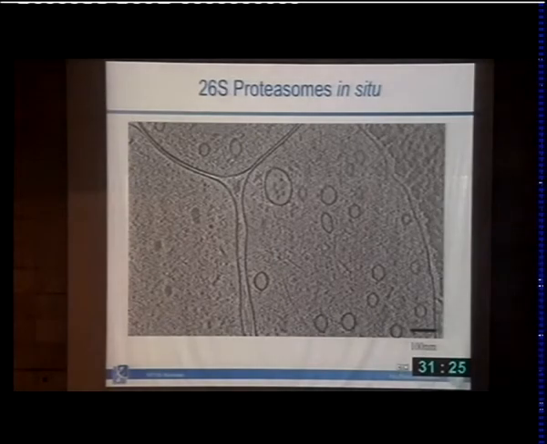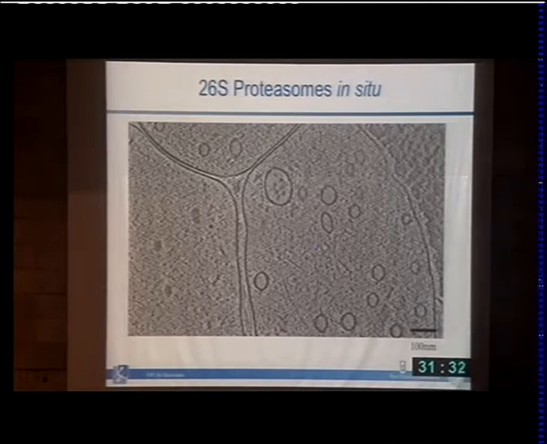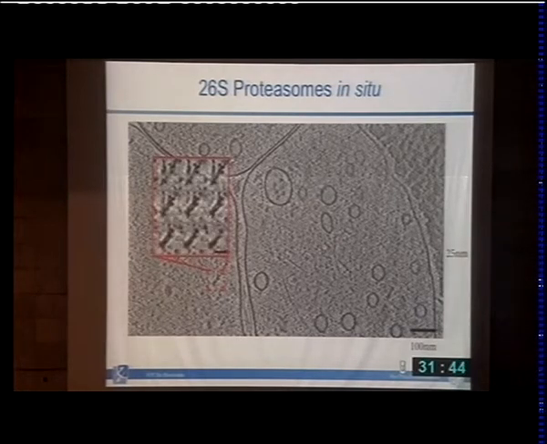Now, doing that, we look into a very small region of the cytosol, not far away from these Huntington inclusions. Now, I think it looks at a glance pretty non-spectacular, I guess. You'll probably say we see almost nothing, but it's not quite true. If you look, for instance, at this guy here, magnified here, it's a tomogram of a single 26S proteasome in its cellular context.